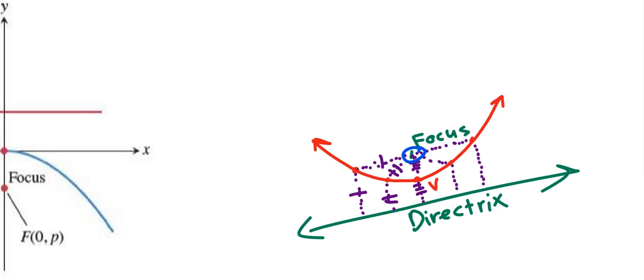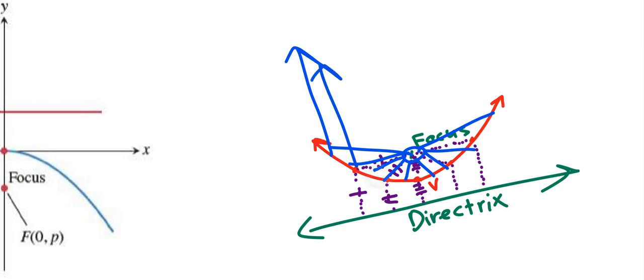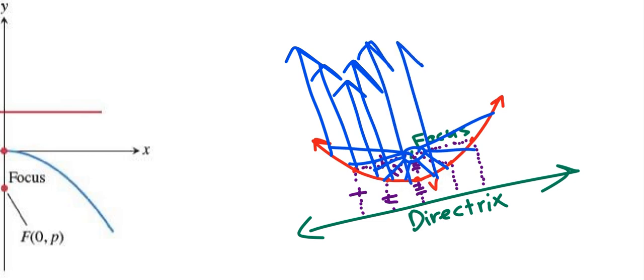And that light bulb is sending light in all directions. But every single beam of light that hits that parabola, because of the shape of the parabola, gets ricocheted off in completely parallel lines. And because they go in parallel lines, you can see down the road.